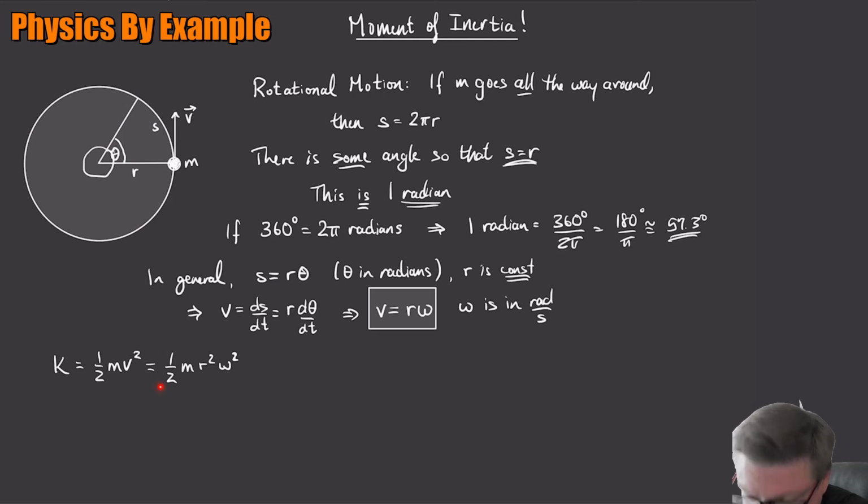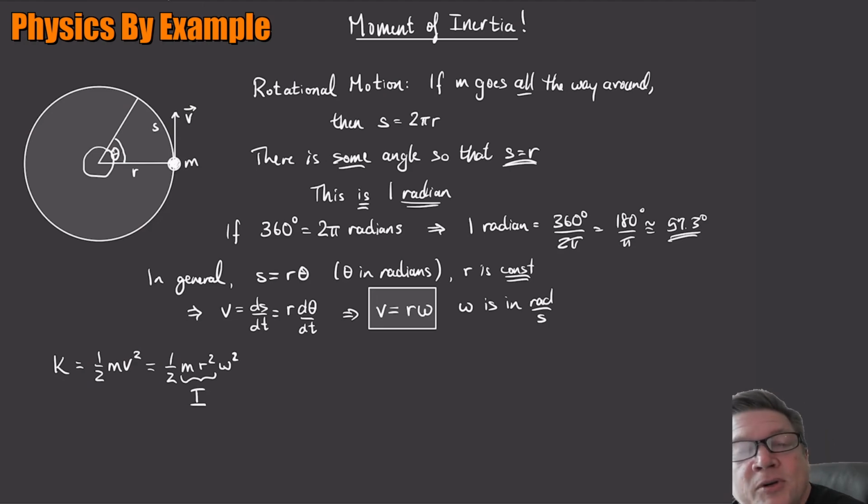We like to make it look like the ordinary 1/2 mv squared you've seen before. So for something that's going from place to place, we said that that's 1/2 times its mass times a linear speed squared, right? So what we're going to do is do almost the same thing. Here we've got 1/2, and we're going to call this a new thing.